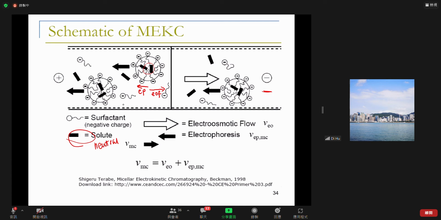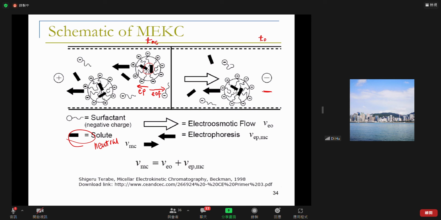So your compound will come out much later. So the totally polar one, not solubilized by the micelle, comes out at T0. And the one that is really non-polar, dissolved in the micelle, comes out at the time of the micelle.